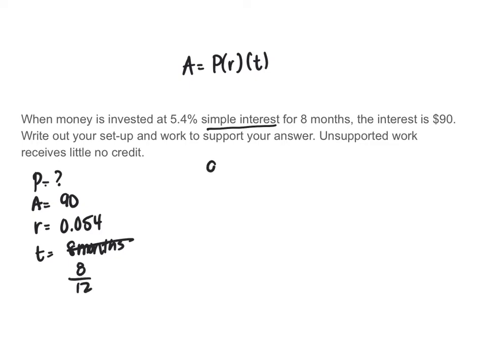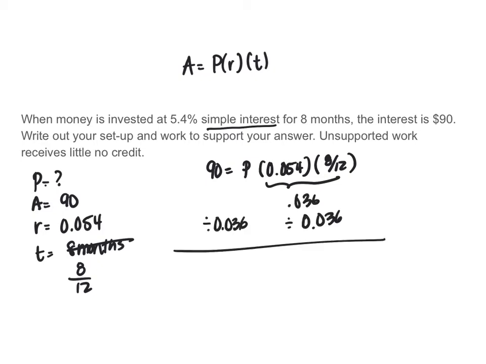So I know that 90 is equal to whatever the principal is, times 0.054 times 8/12, or the fractional equivalent of that. So I can multiply the right side and then divide it from both sides, or I can divide each one individually. So I just straighten that out by multiplying those two numbers together.